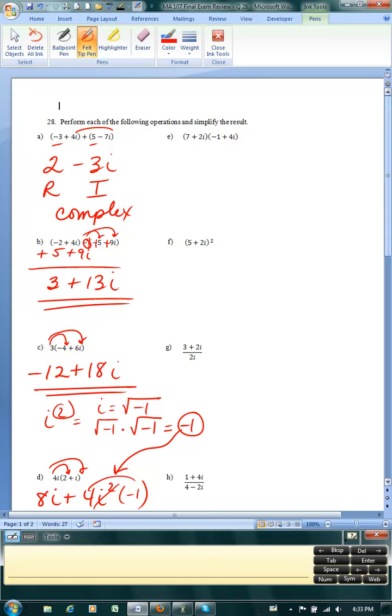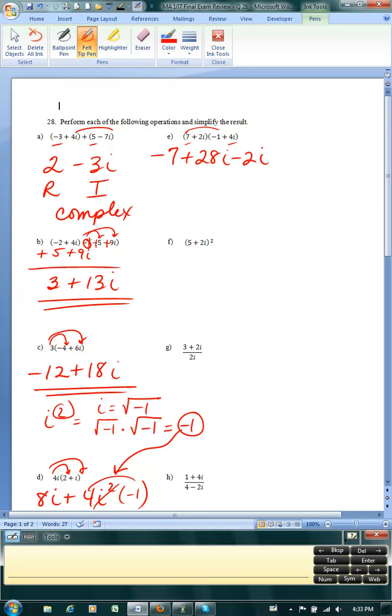Now I can FOIL numbers that contain an imaginary portion, just like regular FOIL. All right, the first times the first would be negative 7. Outside, 7 times 4i is 28i. The inside is negative 2i.